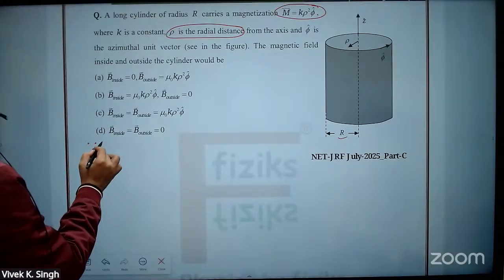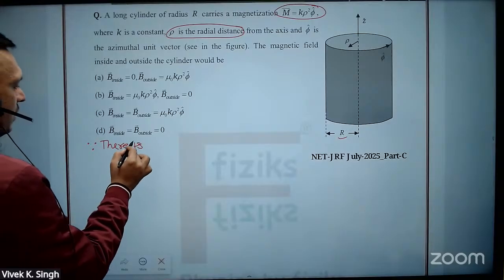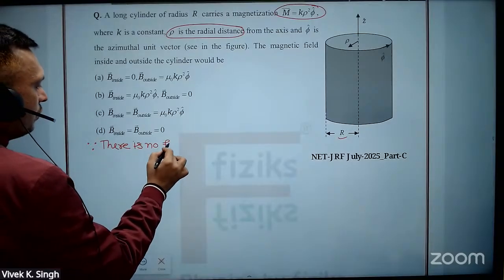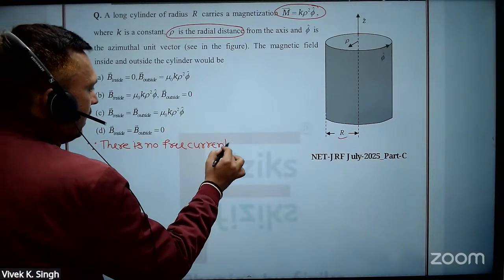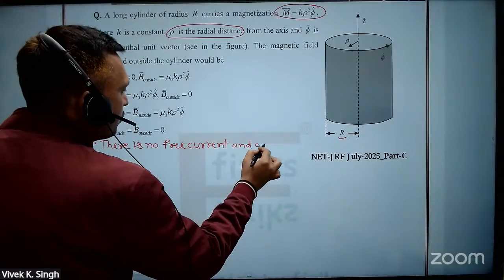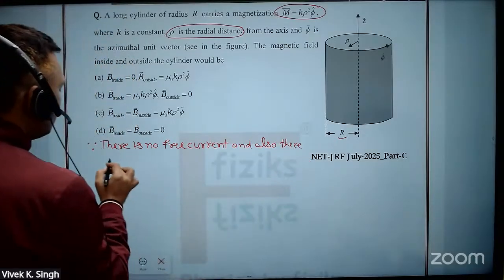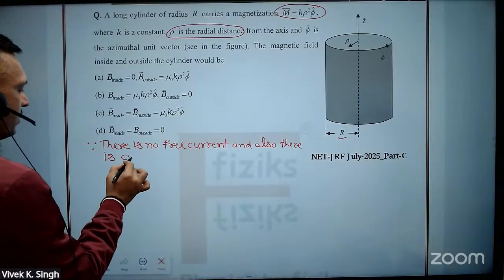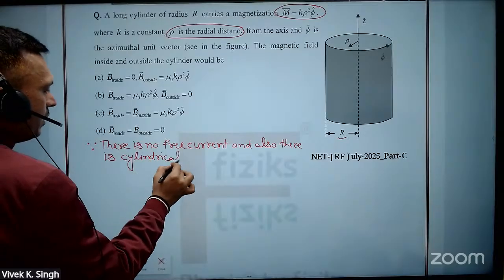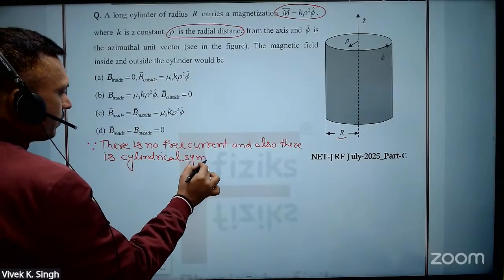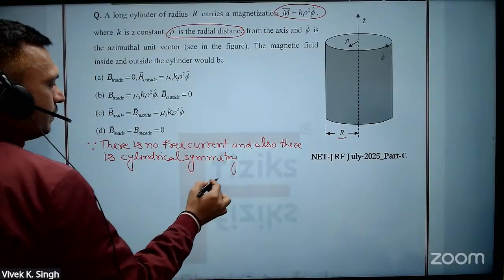Since there is no free current, and also there is cylindrical symmetry, so you have a symmetry of a long wire.